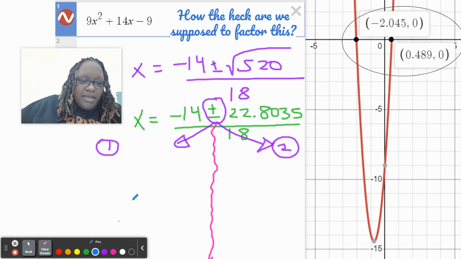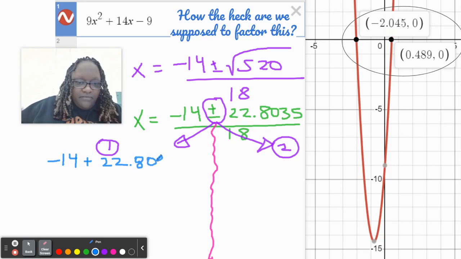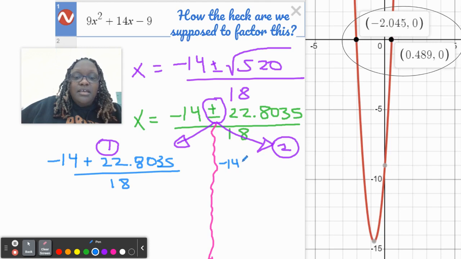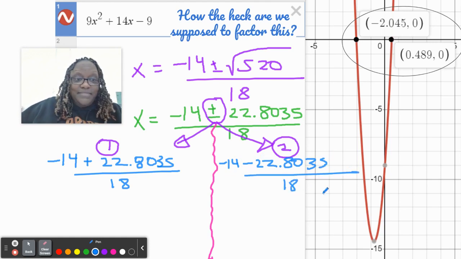So first of all, possibility number 1 is negative 14 plus 22.8035 over 18. And the other possibility is negative 14 minus 22.8035 over 18. Okay, here we go.